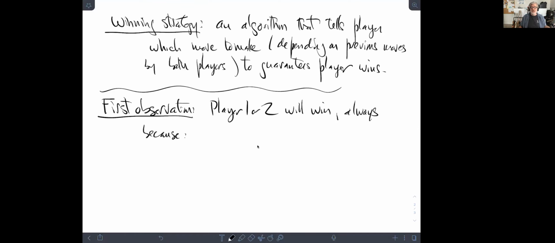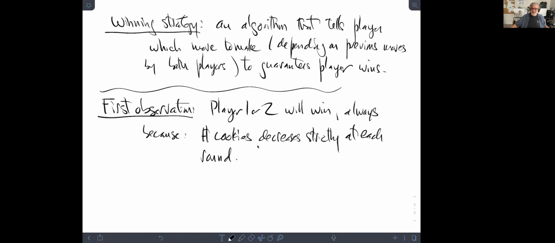So eventually some player will have to eat that last cookie because the number of cookies decreases strictly at each round, right? So you can't stay at the same place. So this will eventually force one player to eat that last poison cookie and lose. Okay, so this is forced. So there's always a win.